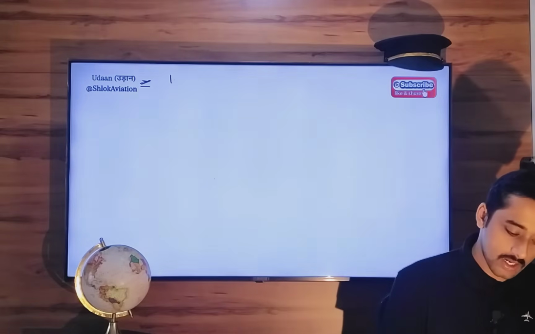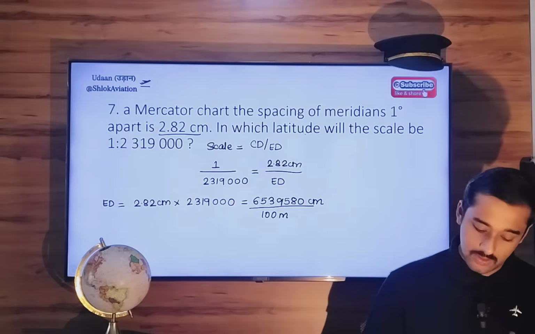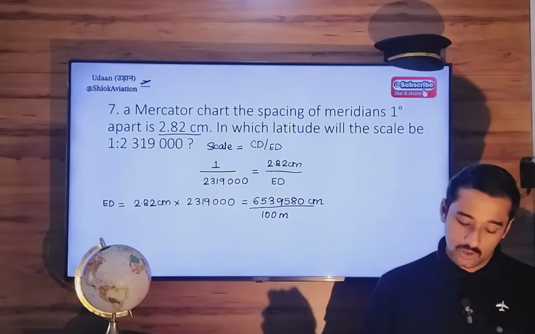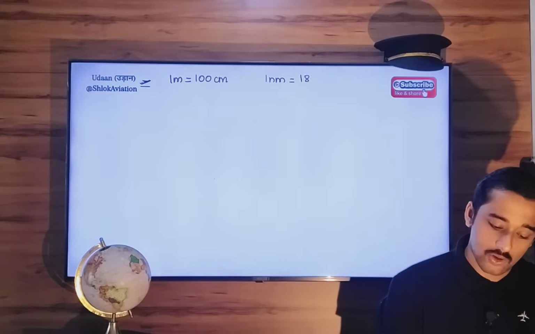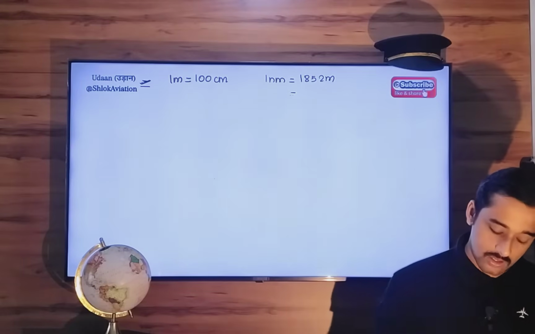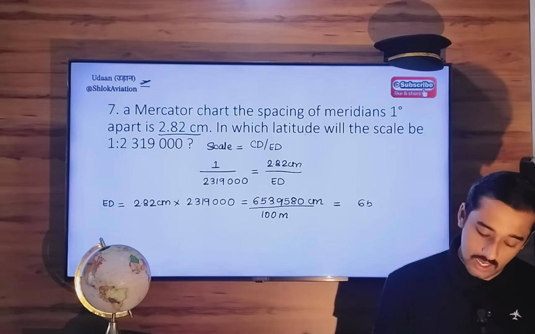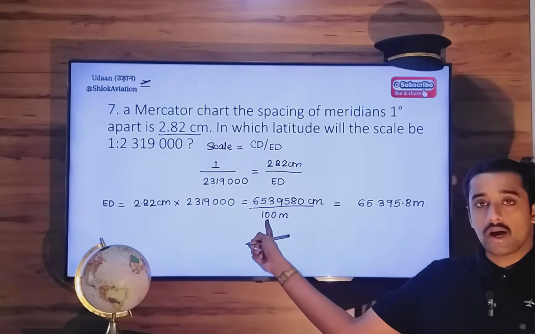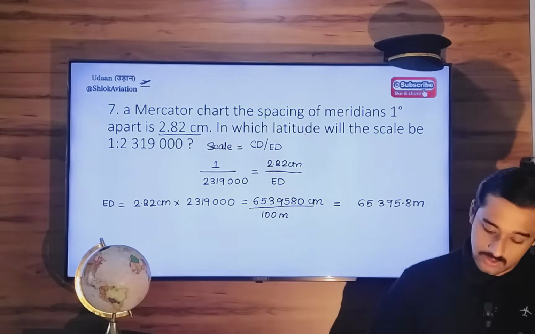Just a second. 1 meter is 100 centimeter. So now your answer is in meter. Converting meter into nautical miles. We know that 1 nautical mile equals 1852 meters. So this is how many meter? This is equal to 65395.8 meter. When you divide this by 100, the answer is 65395.8 meter.